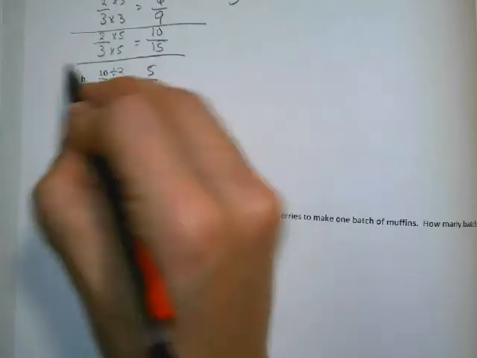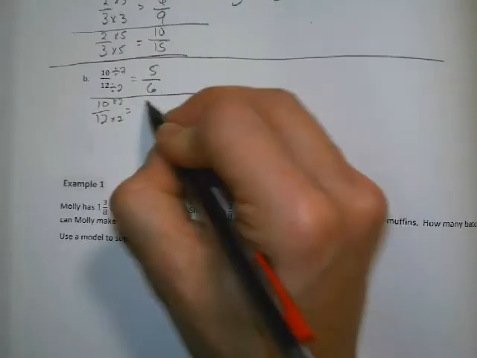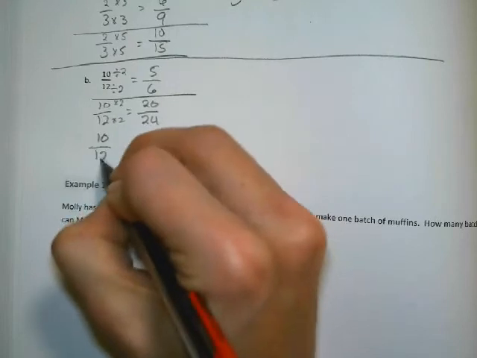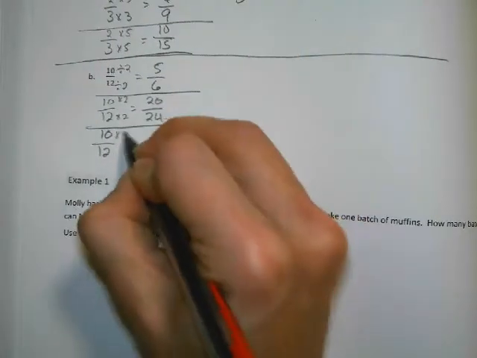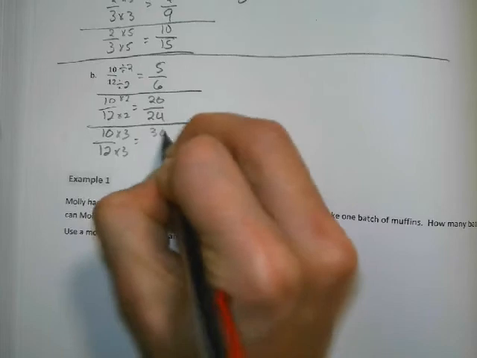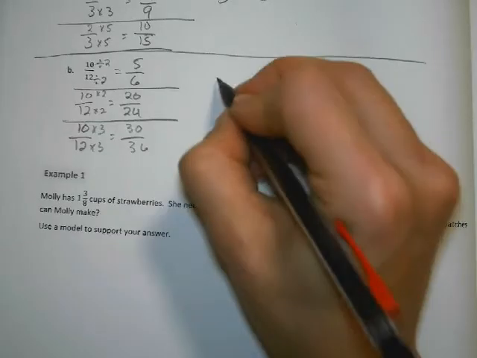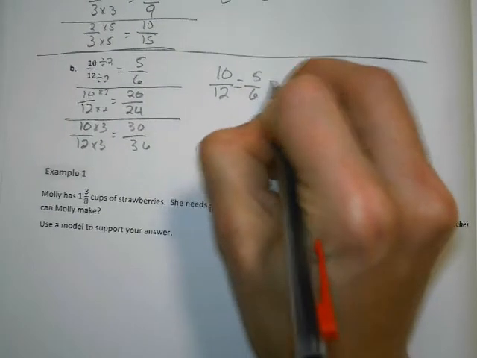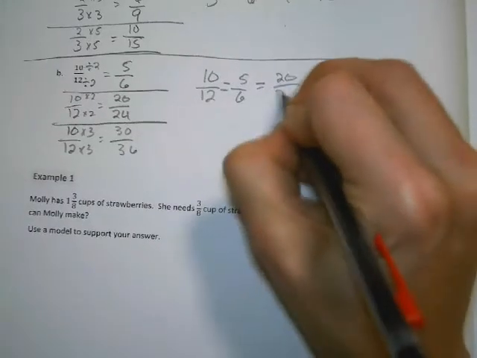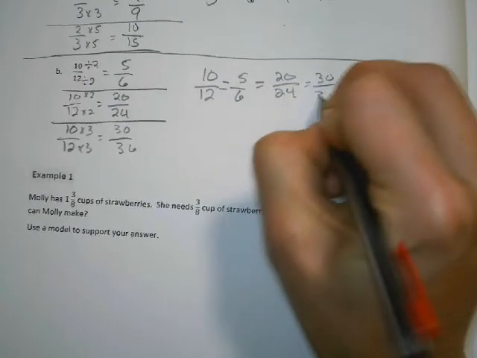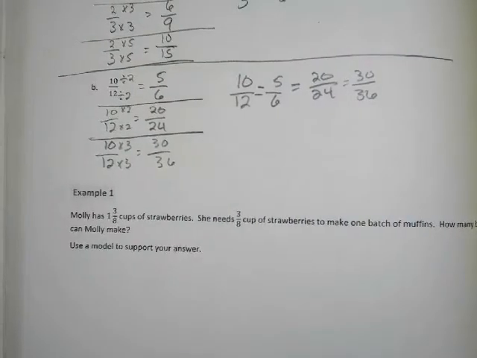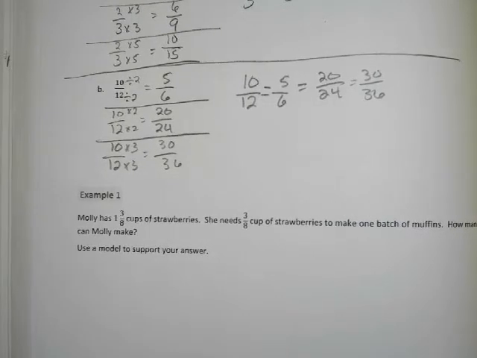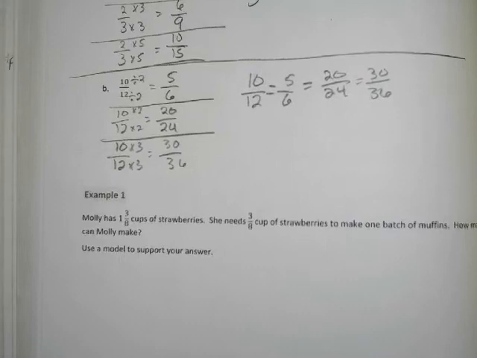And that gives me 20/24. And then I'm going to take 10/12 again, and I'll multiply both by 3. And that gives me 30/36. And so 10/12 is equivalent to 5/6 and 20/24 and 30/36. So that allows us to simplify fractions when we need to, understanding how the equivalent fractions work.